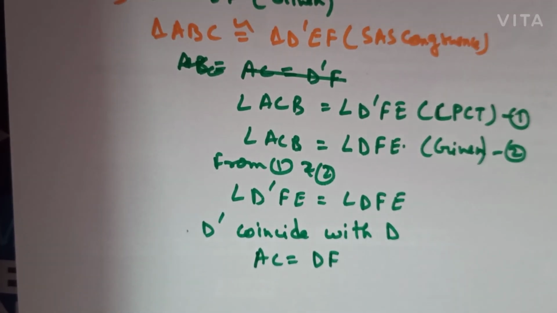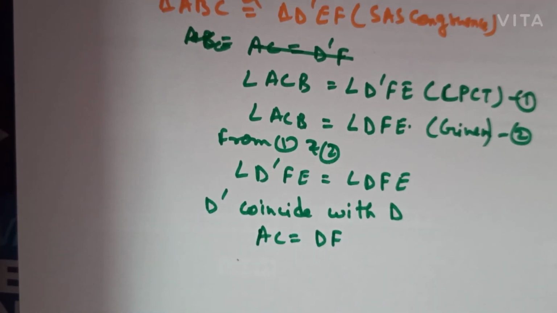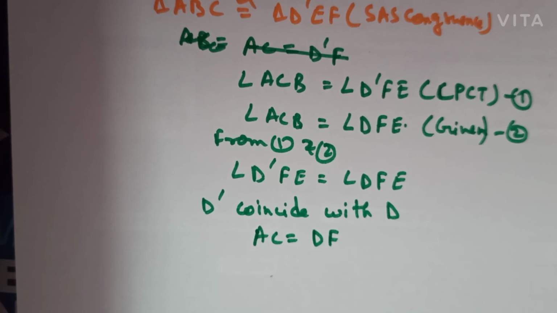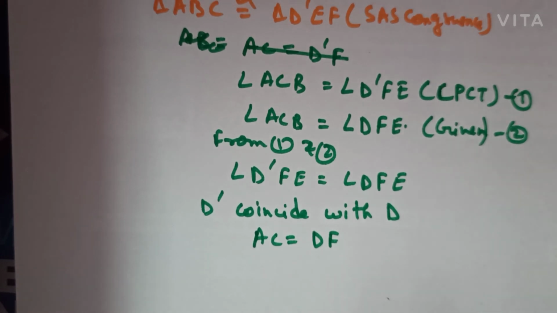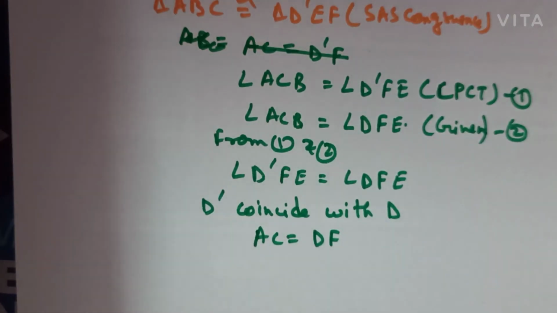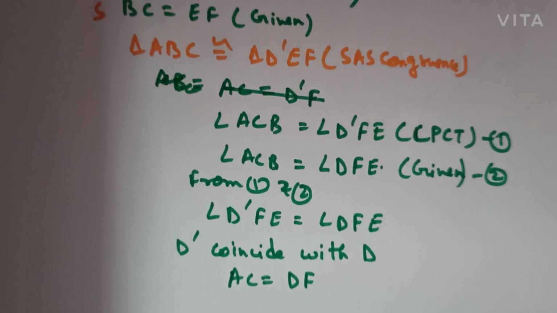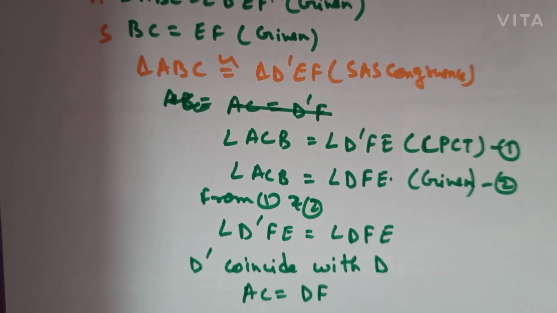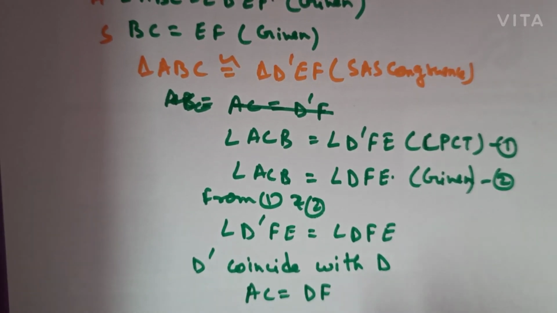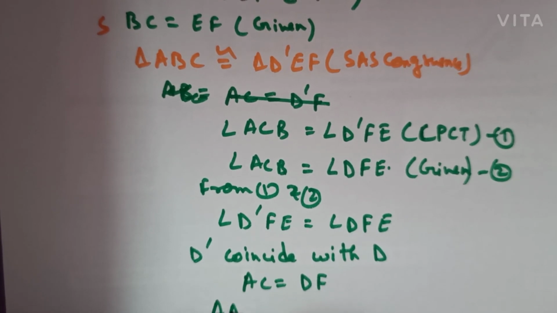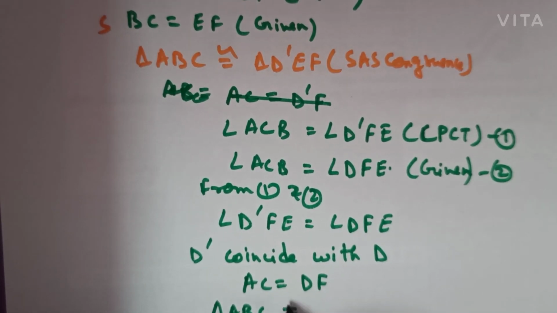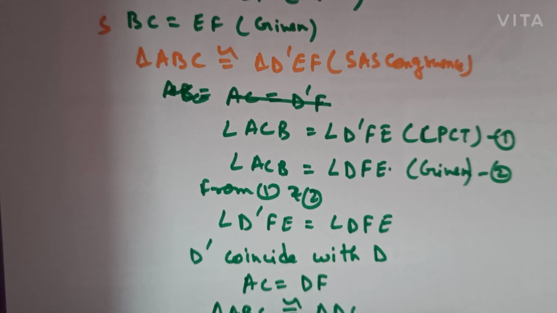So we have proved that whether AC is equal to DF or AC is not equal to DF, we have proved that the third side AC will be equal to DF, and if it is so, then we can apply SAS congruence and say that triangle ABC will be congruent with triangle DEF.